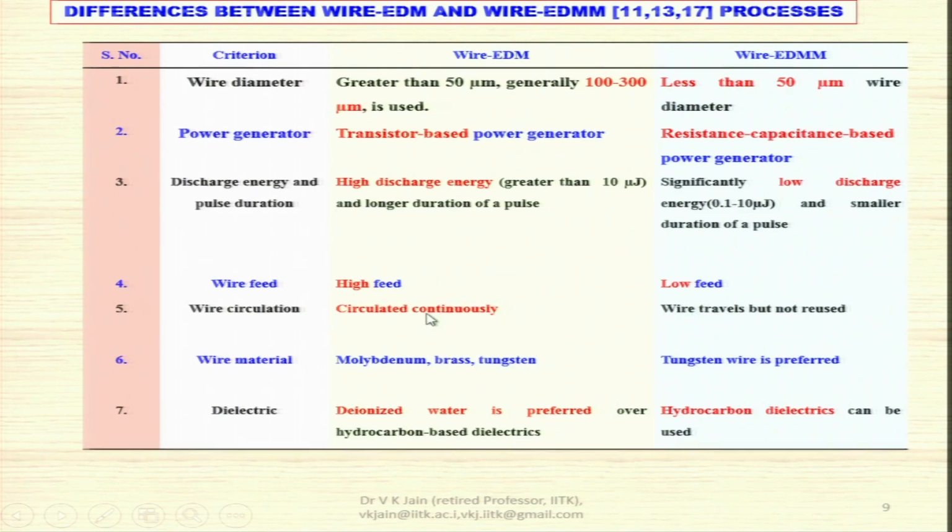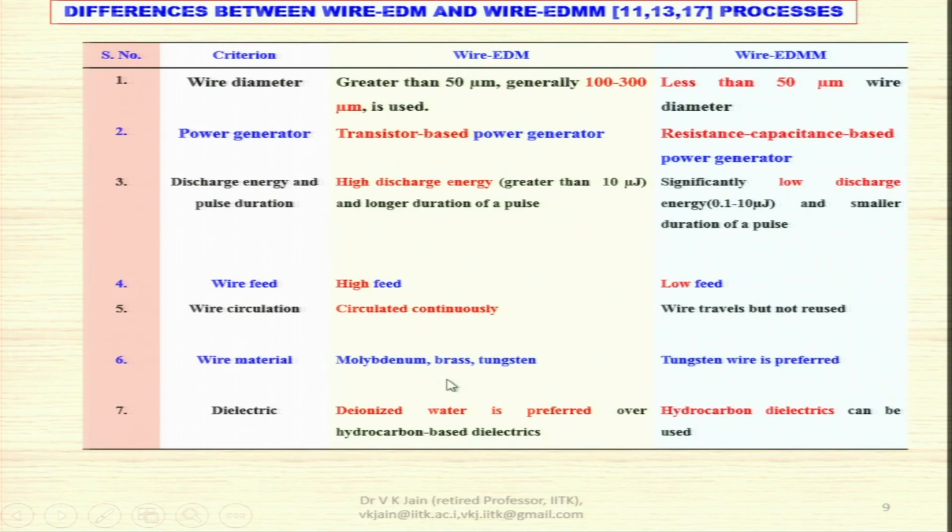But whether the wire is recirculated in wire EDM also depends upon the condition of the wire before reusing it. It is not compulsorily a rule that you reuse wire in wire EDM. Many times or most of the time it is not recirculated.